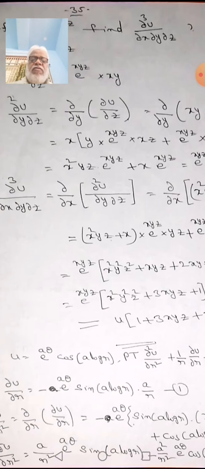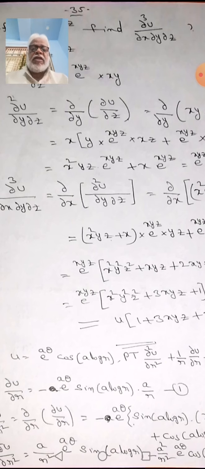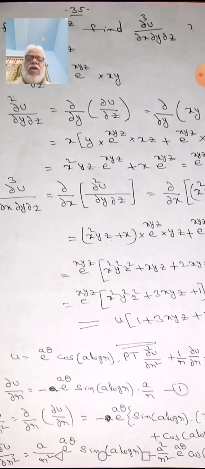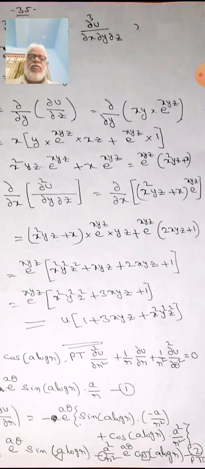After simplification, e power xyz is common: x square yz into yz is x square y square z square, plus x into yz is xyz, plus 2xyz plus 1. Here e power xyz is common, x square y square z square, 2xyz plus xyz is 3xyz, plus 1.